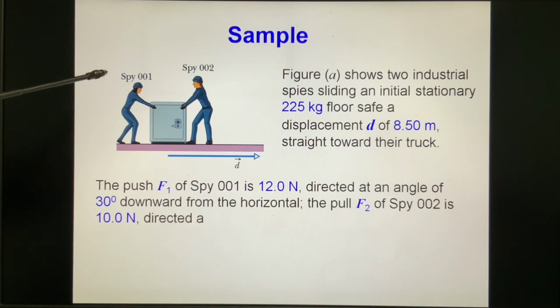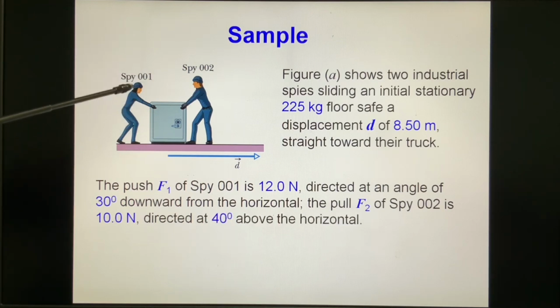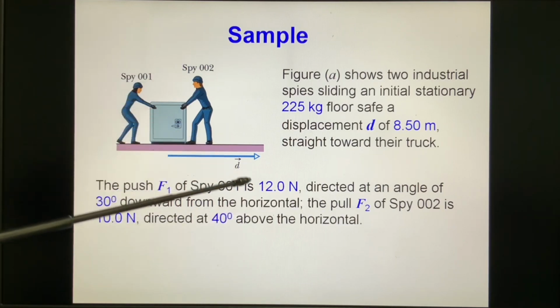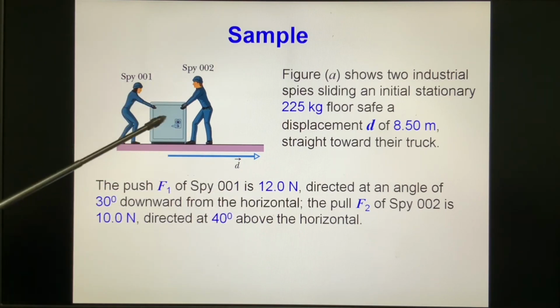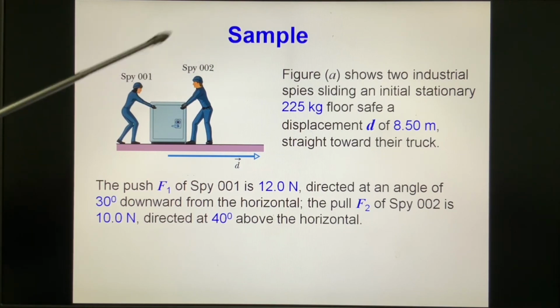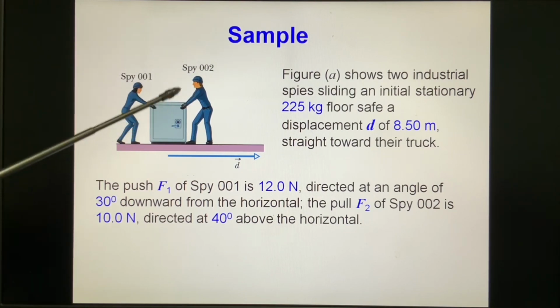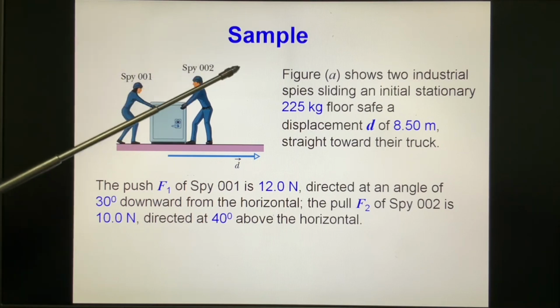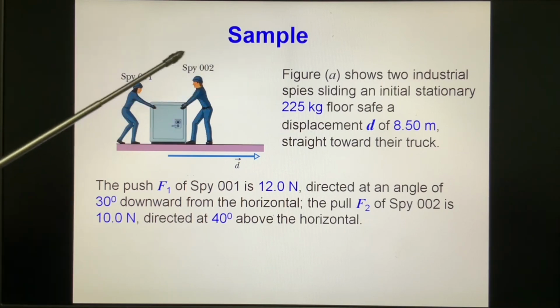The push F1 of spy 001 is 12.0 newtons, directed at an angle of 30 degrees downward from the horizontal. The pull F2 of spy 002 is 10.0 newtons, directed at 40 degrees above the horizontal.